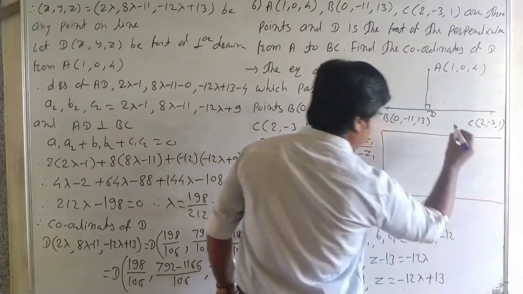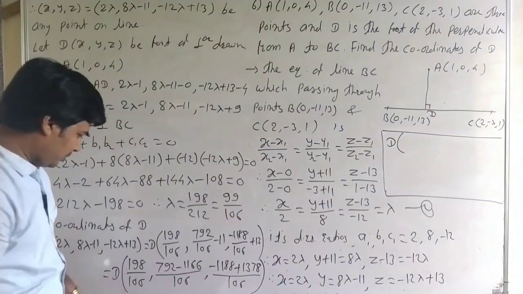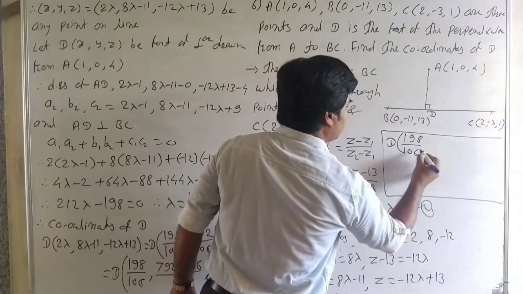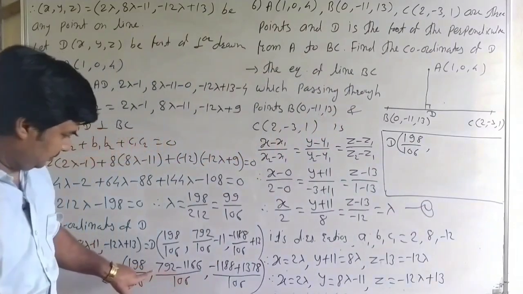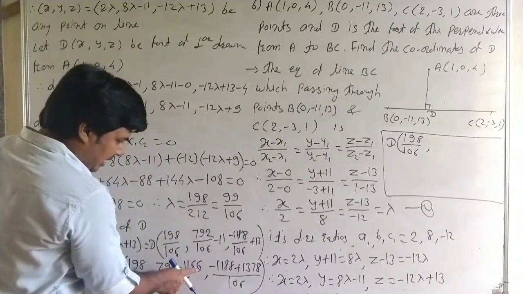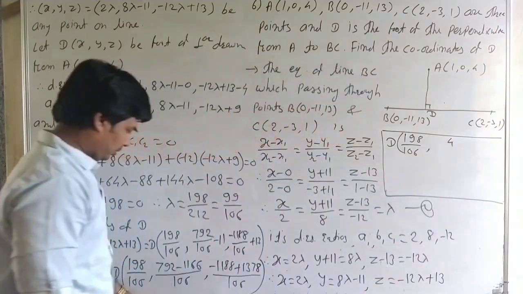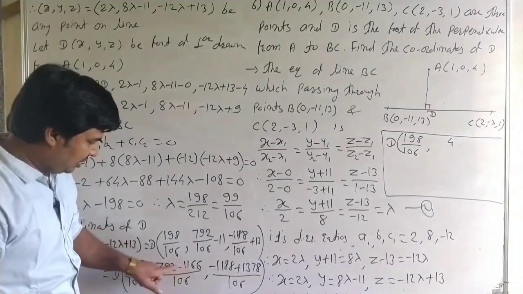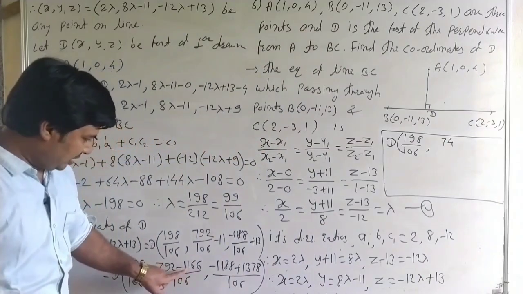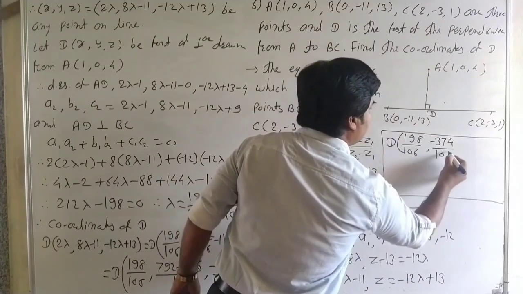The last answer can be written here: coordinates of D, that is the calculation of these terms, 198 upon 106, comma, now subtract 792 minus 1166. Here 6 minus 2 is 4, then 6 minus 9, that means 16 minus 9 is 7, and now 10 minus 7 is 3, but it is minus upon 106.